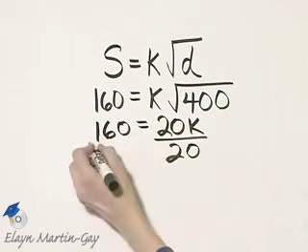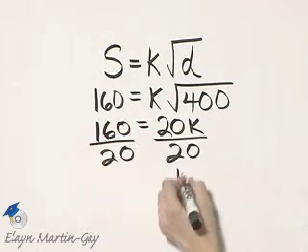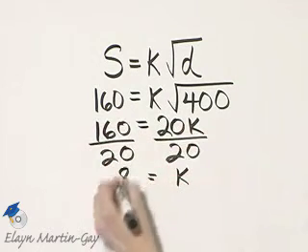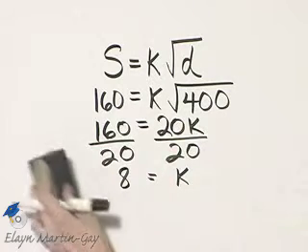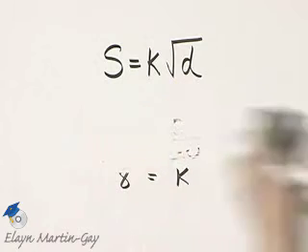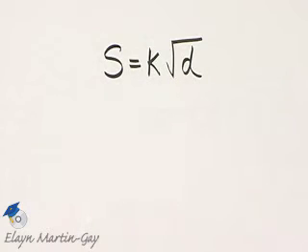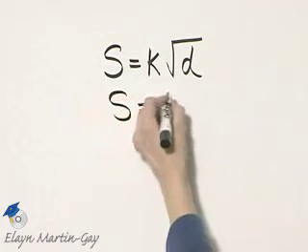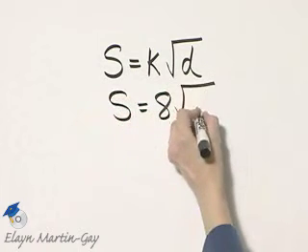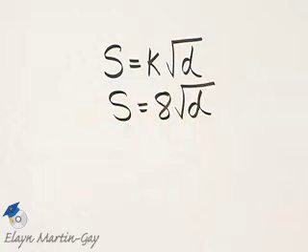Divide both sides by 20, and we know then that K is 8. So we know our constant, it is 8. So let me rewrite this, putting in 8 instead of K. We now know that S is equal to 8 times the square root of that distance, D.